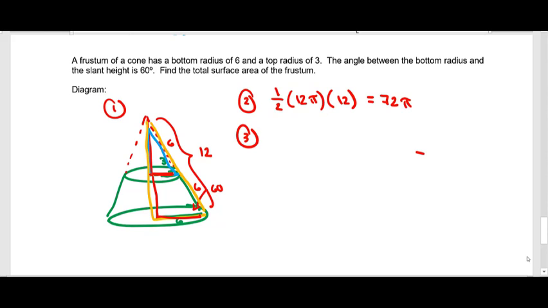And then the second one here is 1/2. This is going to be for finding the upper one. 1/2 of 6 pi, which is the circumference, times the slant height. So I'm using the formula of 1/2 circumference times the slant height, and that is equal to 18 pi.